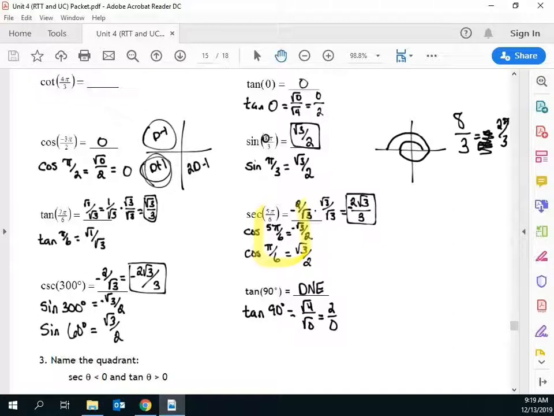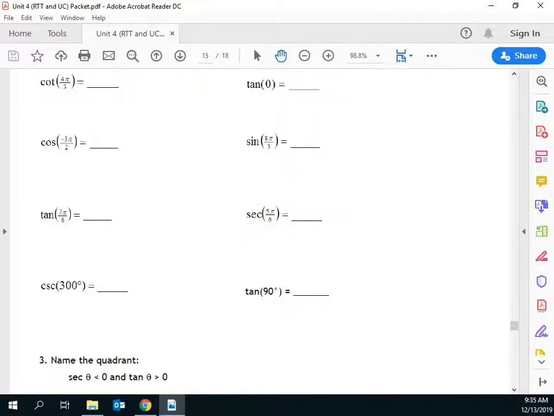But does not exist, no solution, undefined, whatever you want to write there, no answer. All right, so just a little review there of some trig functions again. Moving on.